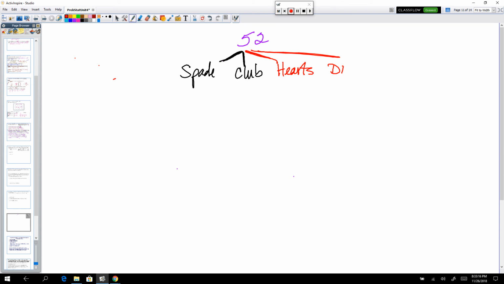And then within each of these suits you have 13 different cards. So every single one of these has an ace, a 2, a 3, a 4, a 5, a 6, a 7, an 8, a 9, a 10, and then something called Jack, Queen, and King.